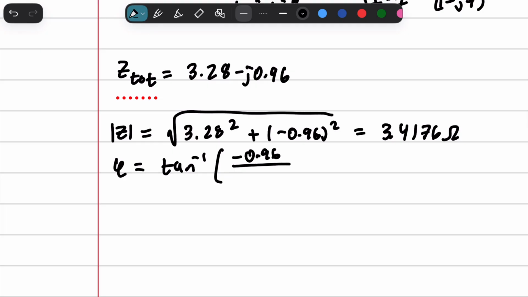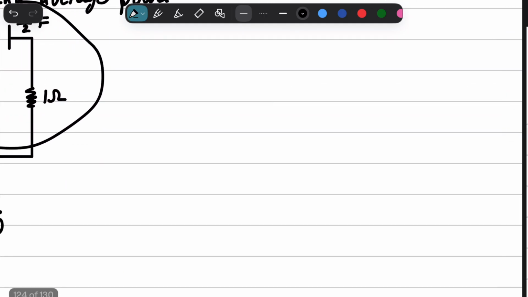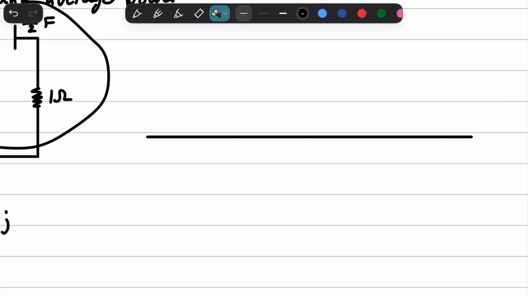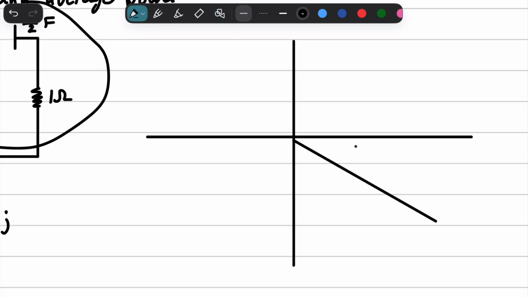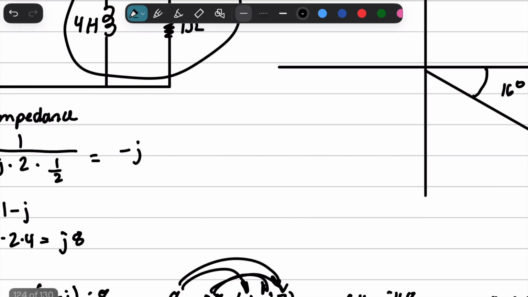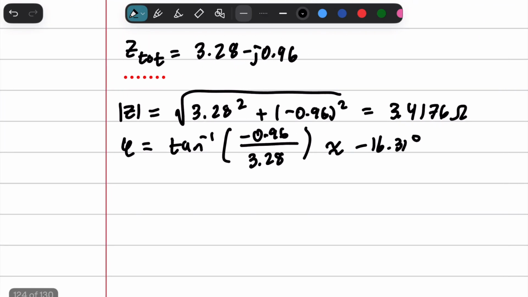Think of capacitive as being a subtraction. In this case, that's going to be approximately negative 16.31 degrees. And so on our graph, it's going to be more capacitive. It's going to look like this, 16 degrees, like so.